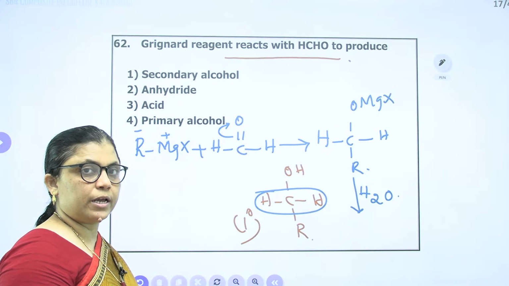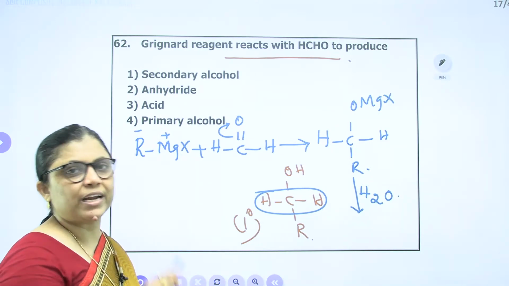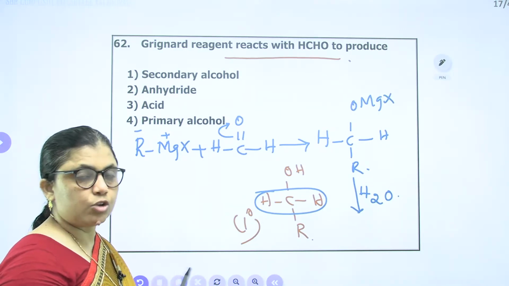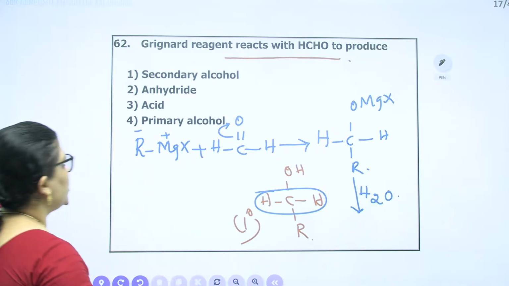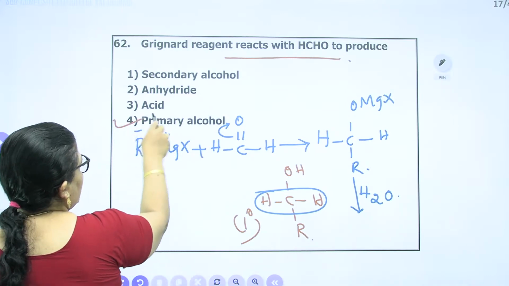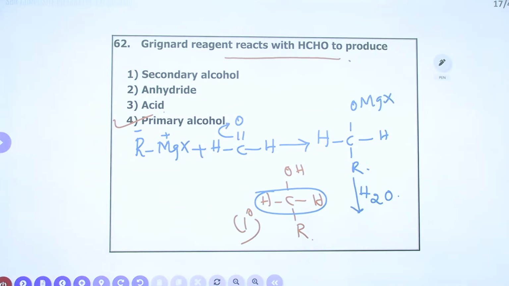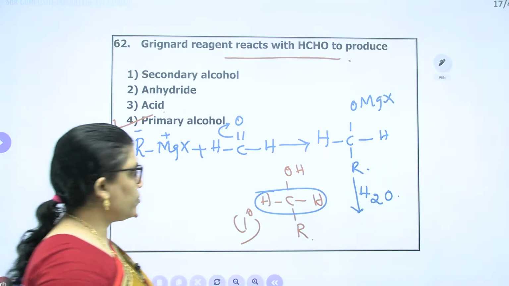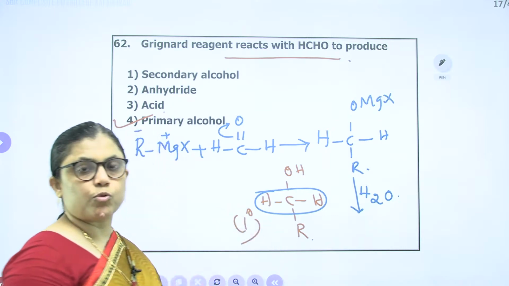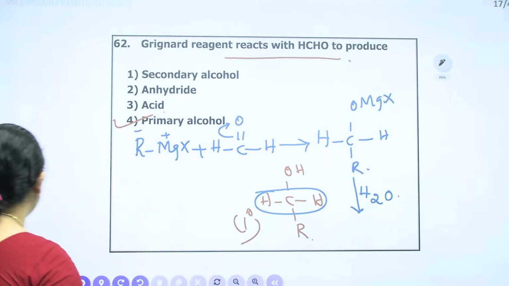Other than formaldehyde, all aldehydes will give secondary alcohol. Ketones will give tertiary alcohol. Therefore, the correct answer is primary alcohol, fourth option. This question is related to the method of preparation. Whenever we treat Grignard reagent with formaldehyde, it always produces primary alcohol.